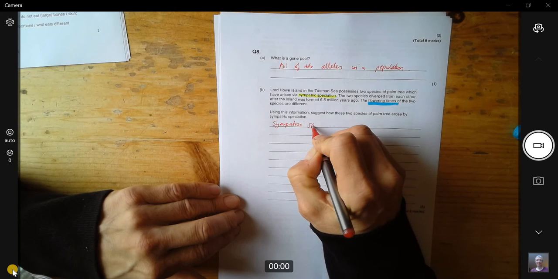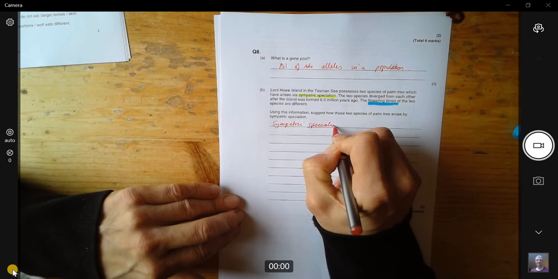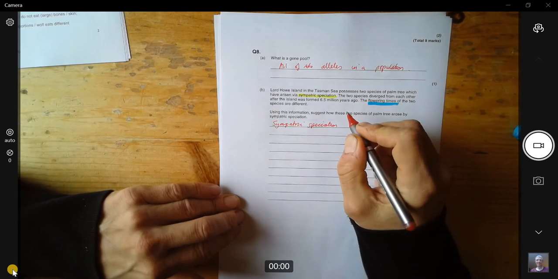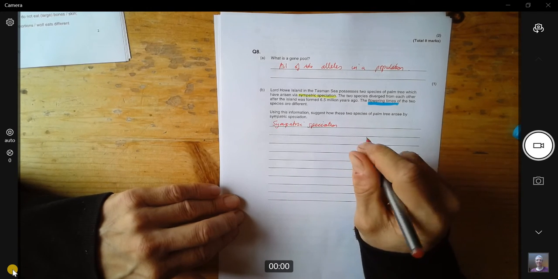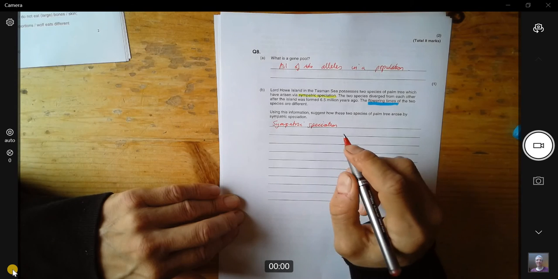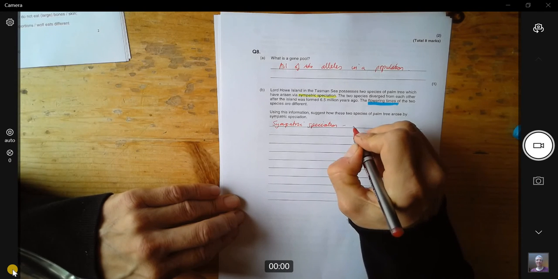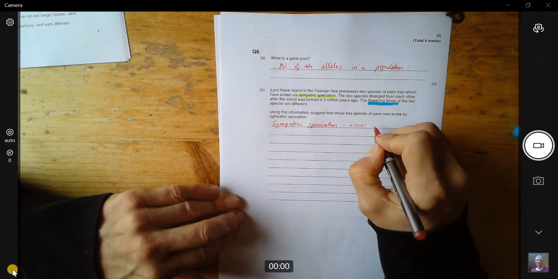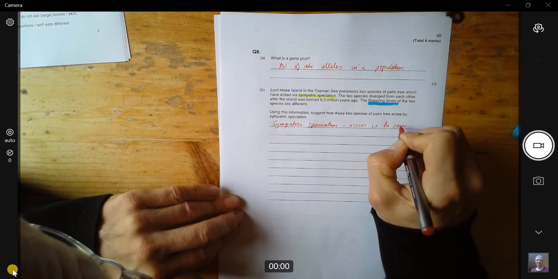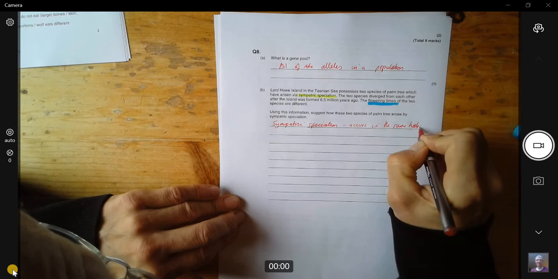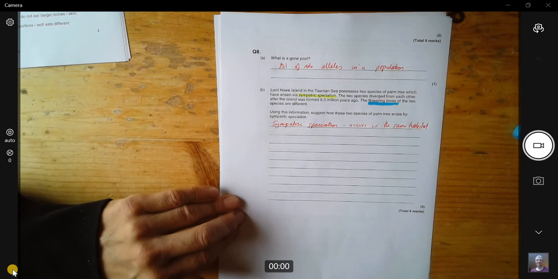Sympatric speciation is when this is occurring in the same environment, the same habitat, the same place. So it occurs in the same habitat or same population, same environment.